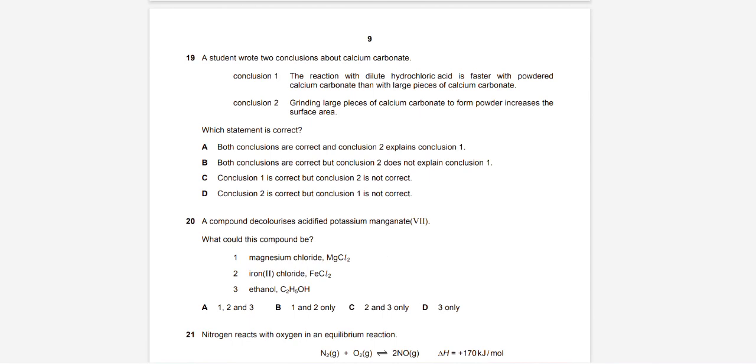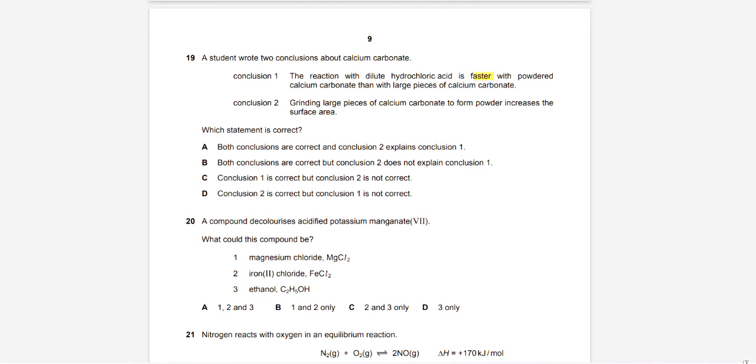A student wrote two conclusions about calcium carbonate. The reaction with dilute hydrochloric acid is faster with powdered calcium carbonate than with a large piece. If you take it in powdered form, it will be faster.